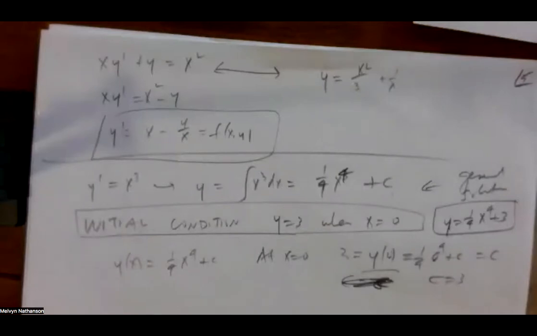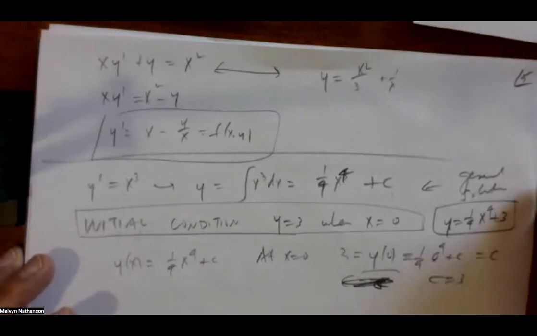So the typical problem in ordinary differential equations is to find the general solution to a differential equation, and then find the particular solution that satisfies some condition. Okay. Any questions about any of this?